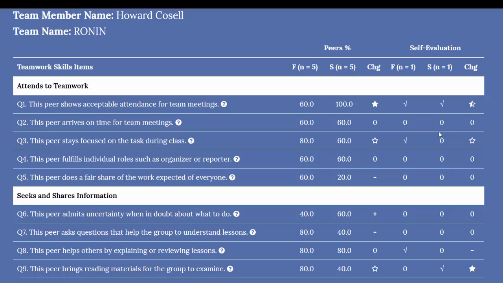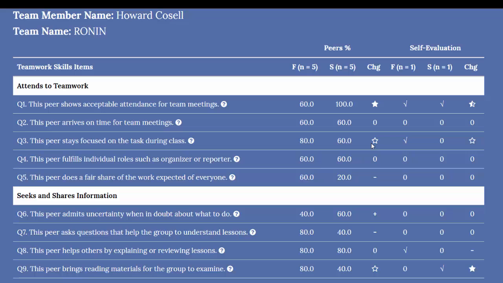The 0 also shows in terms of the self-evaluation in case a person did not check or give themselves credit for it. This is true with the formative self-evaluation and with the summative self-evaluation. And the 0 is showing there was no change at all.